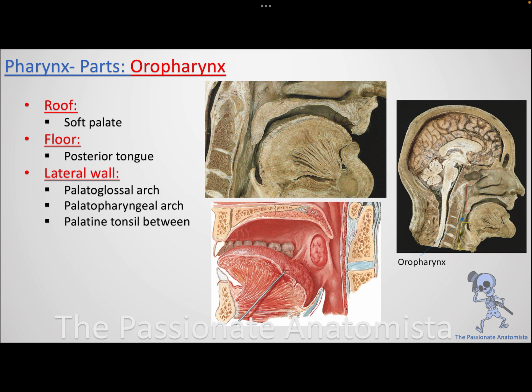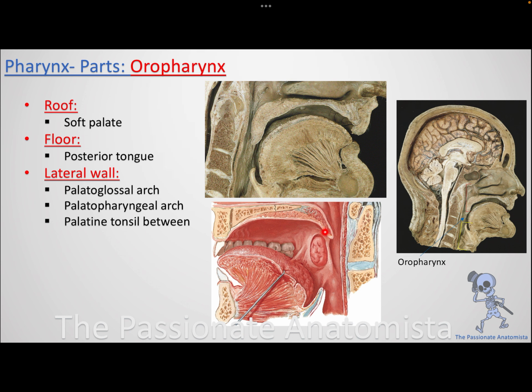Now, the next part is the oropharynx. The oropharynx is posterior to the oral cavity, and it's bounded superiorly by the soft palate, and inferiorly by the posterior part of your tongue, because your tongue is down here. Now, what about the lateral wall? Think about the oropharynx exactly the way you think about the nasopharynx. You also have two folds, coming from the soft palate to the structure at the back and to the structure at the front.